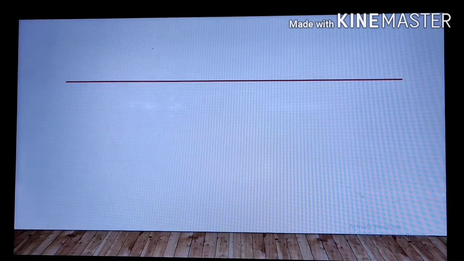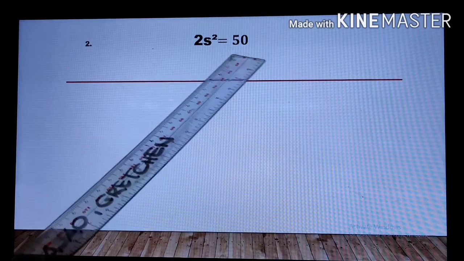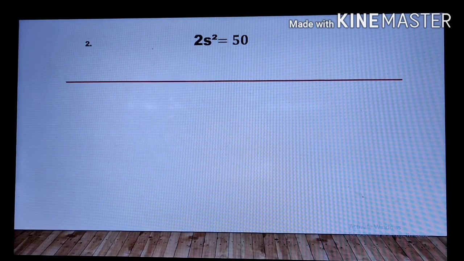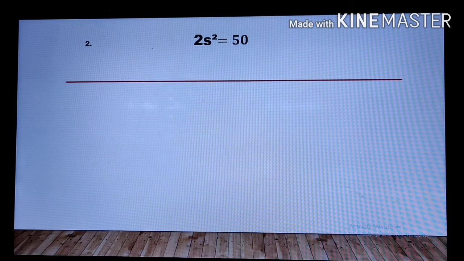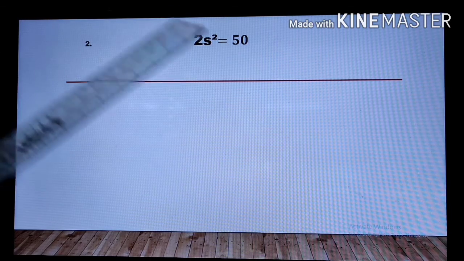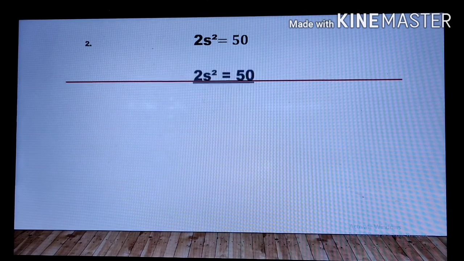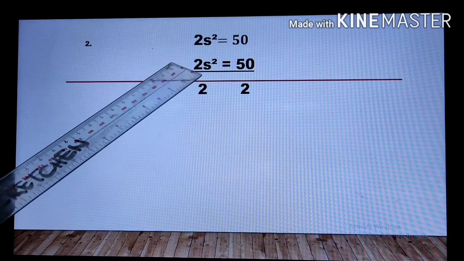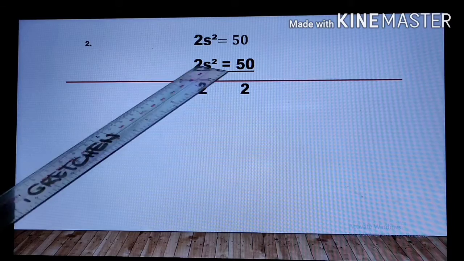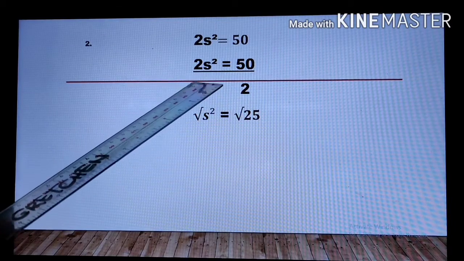Another example, 2s squared is equal to 50. What we will do is, only s squared should be on the left side. So, we will divide both sides by 2 so that only s squared is left on the left side. So, divide both sides by 2. So, 2 divided by 2 is 1.